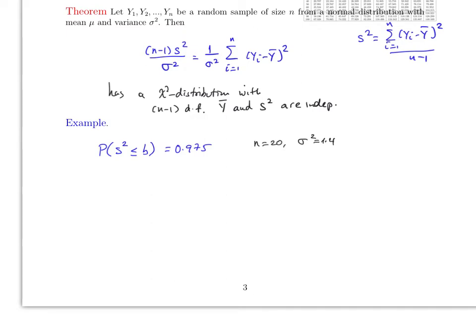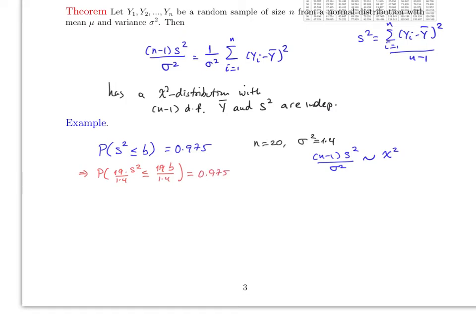So this implies that, remember, you need (n minus 1) s square over sigma square in order to have a chi-square distribution. So if we multiply both sides by 19, this is the same thing as the probability that 19 times s squared divided by 1.4 is less than 19 b over 1.4, and this should still give you the same probability.